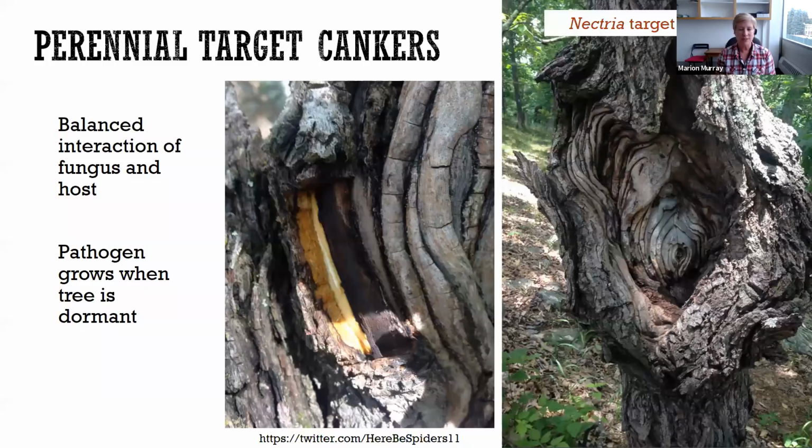And then the tree responds by forming callus tissue around the area killed by the fungus. Then the fungus grows again, then callus tissue grows again, and on until you get this bullseye effect. A lot of times these types of cankers don't kill the tree, they don't kill the branch. It's just this very slow formation of these bullseye cankers. And Nectria is one example of this.